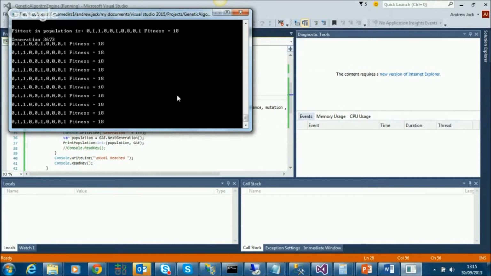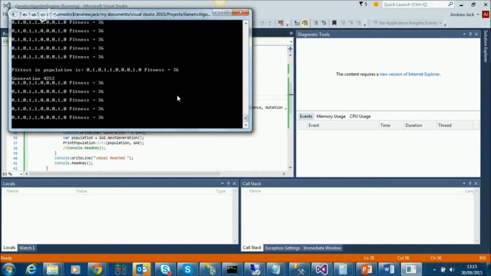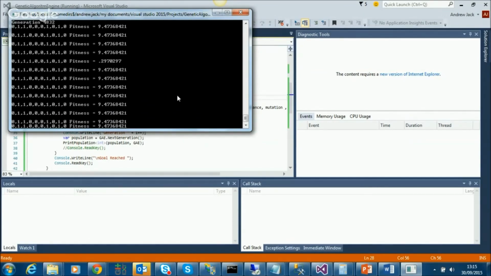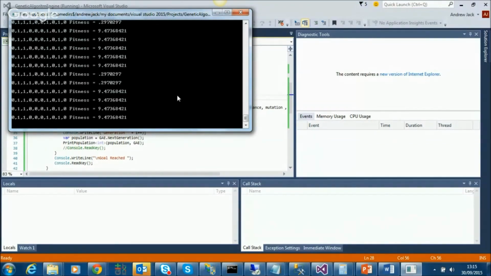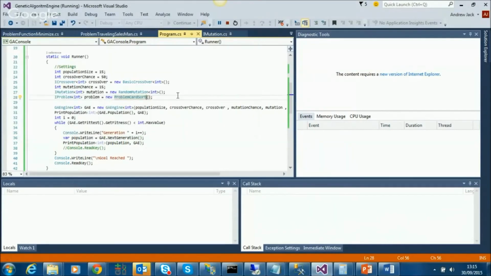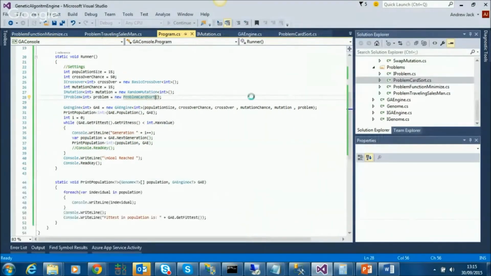So it seems to be running through a large number of generations. It doesn't seem to have found any solution yet. Okay, so the parameters that we just put in there do not seem to be easily finding a solution. So let's have a little play with them.